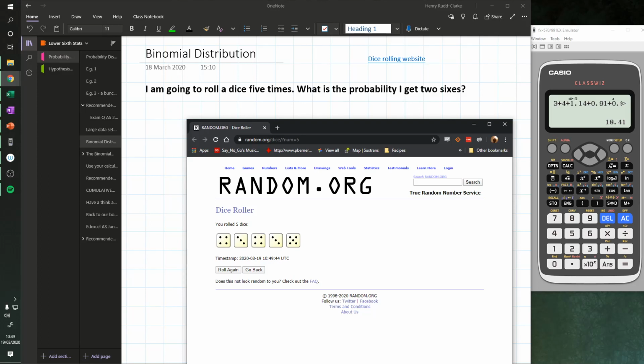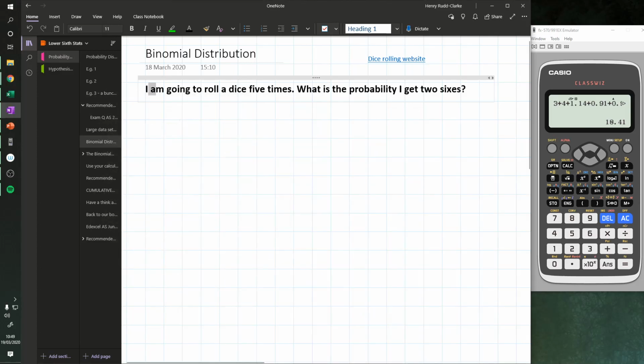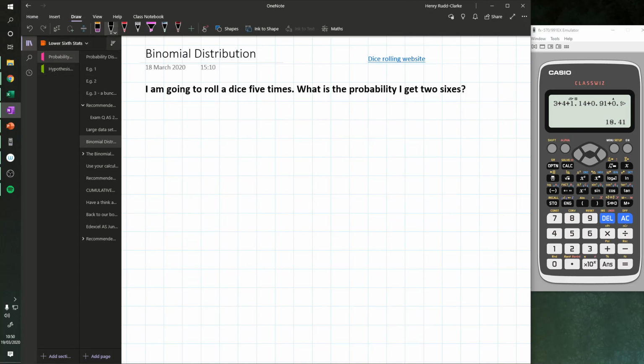So going back to this, what's the probability I get 2 6s? You might be tempted to say, well, if I get 2 6s, then I'm going to have 1 out of 6 times 1 out of 6, because the probability of getting a 6 each time is 1 out of 6.